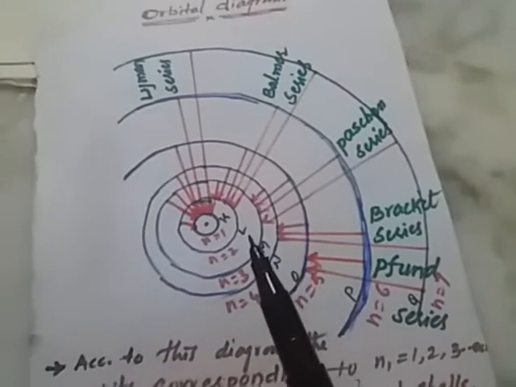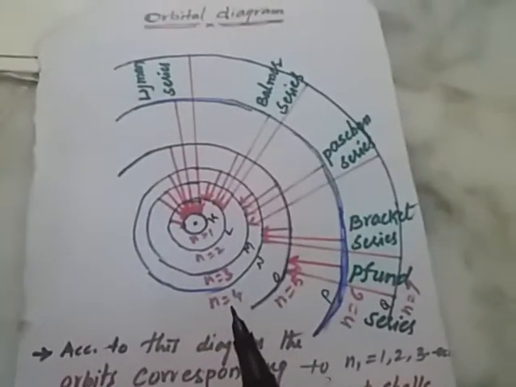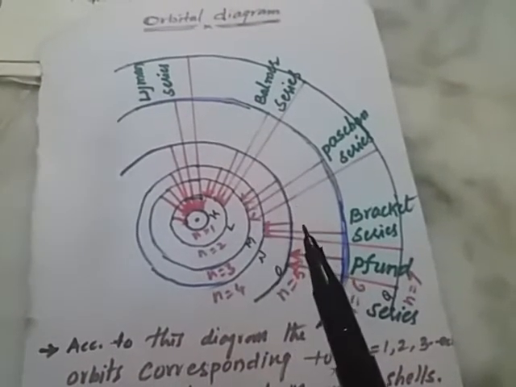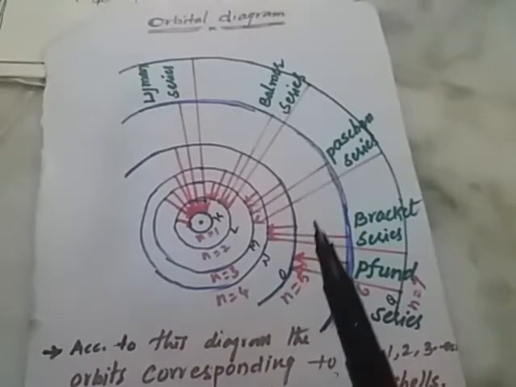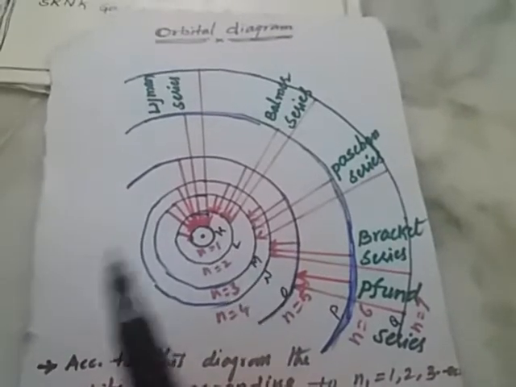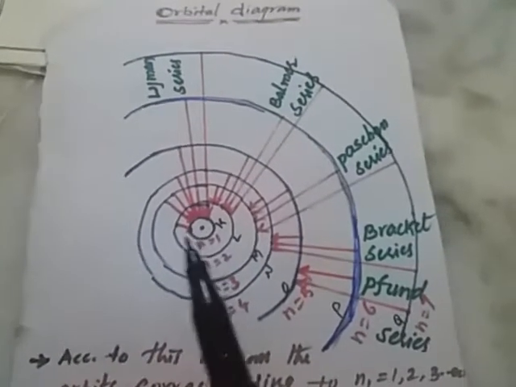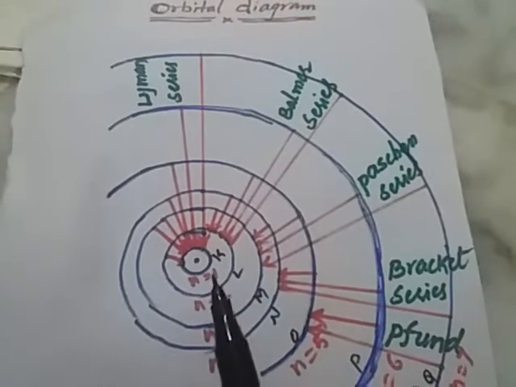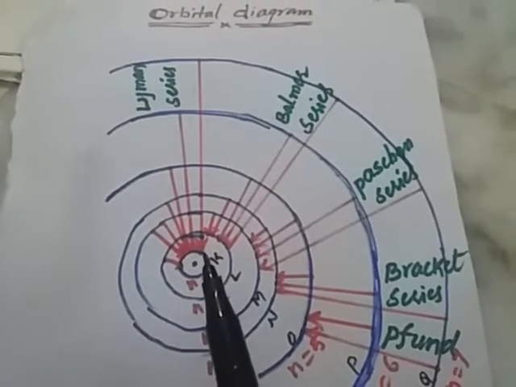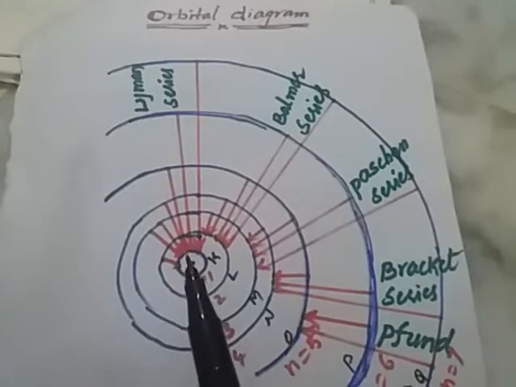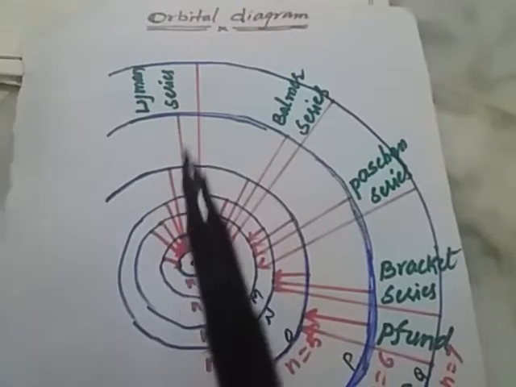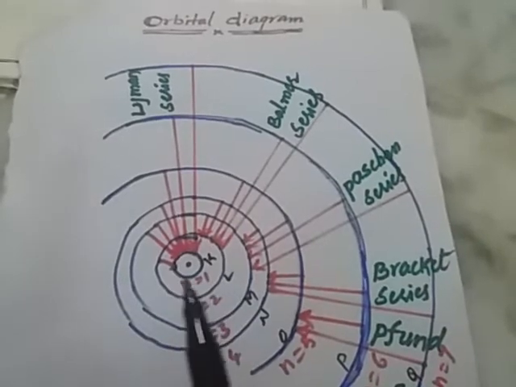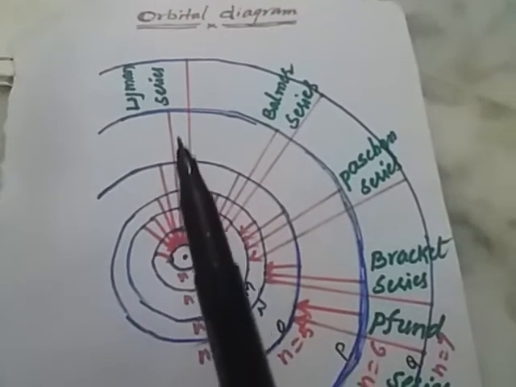In this diagram, let us now determine the different spectral series. How can these spectral series be represented? It is simple. Let us take n equal to 1, the first orbit. When an electron jumps from the outer orbits to the first orbit, it is called the Lyman series.